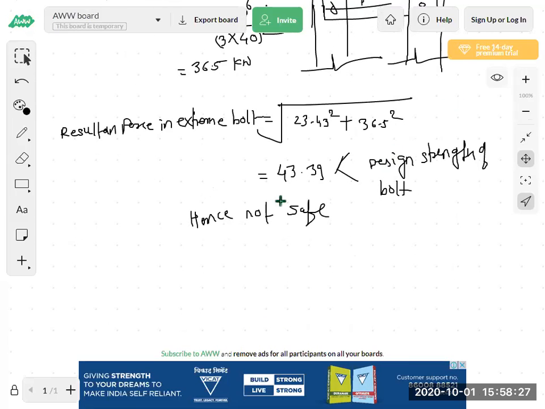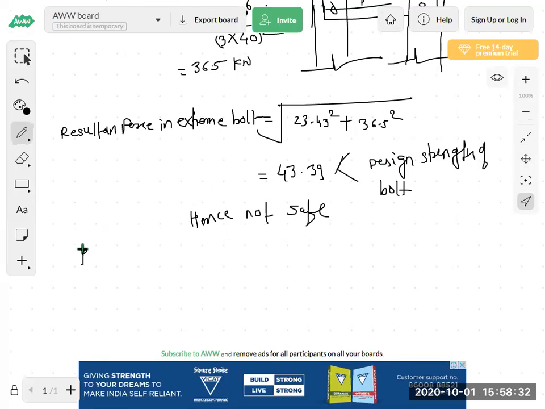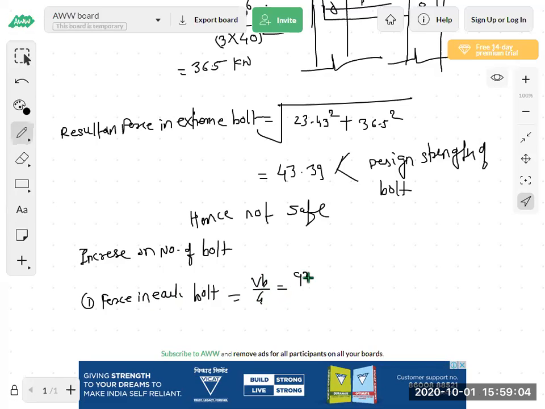Okay, now here write increase one number of bolt, then resultant force is equal to काय होते बघा. तो पहिला फोर्स number 1 force in each bolt is equal to VB by 4. So VB is 93.86 divided by 4 or 5 sorry.